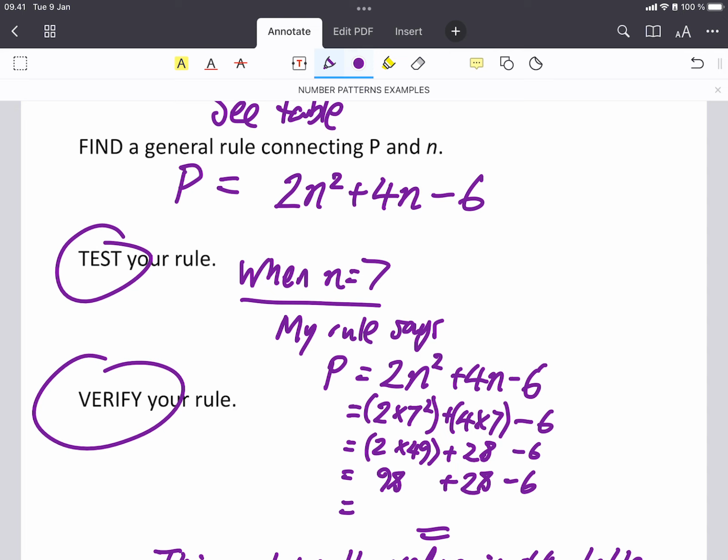So 98 plus 28 minus 6. 98 plus 28 is 126. And then minus 6 makes 120.